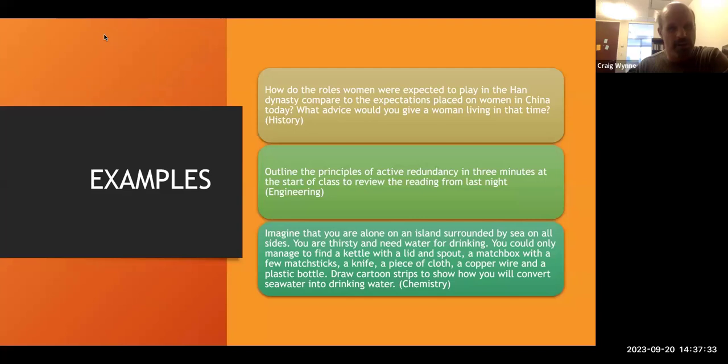Right. So I also wanted to show you some ideas that professors in different subject areas have used: about women in the Han Dynasty and Chinese history; engineering, active redundancies, asking students to outline them just to see what the reading comprehension has been like; and chemistry as well, an application principle that involves students using multiple intelligences like visual intelligence, drawing, and giving a real life example about using chemistry concepts to convert seawater into drinking water.